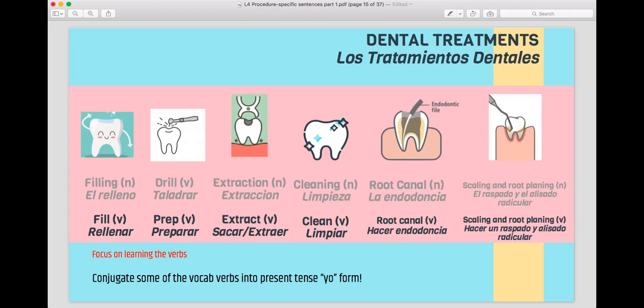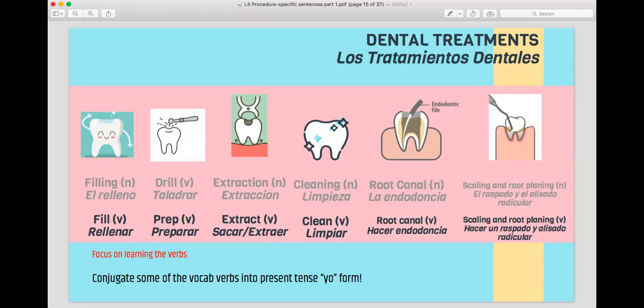Just in the yo form, present tense. Is it relleno? Yeah. Yo relleno. Muy bien. And then preparar is to prep. Yo preparo. Yes, very good.